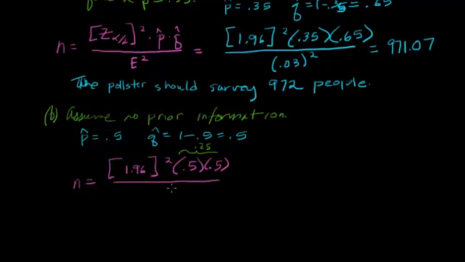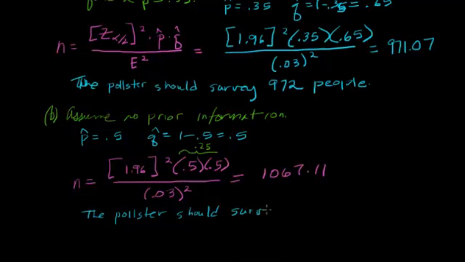All over 0.03 squared. This time we get 1067.11. So we would say the pollster should survey 1068 people. Always round up.